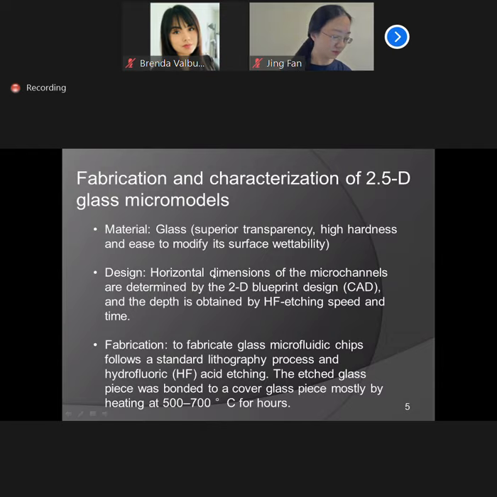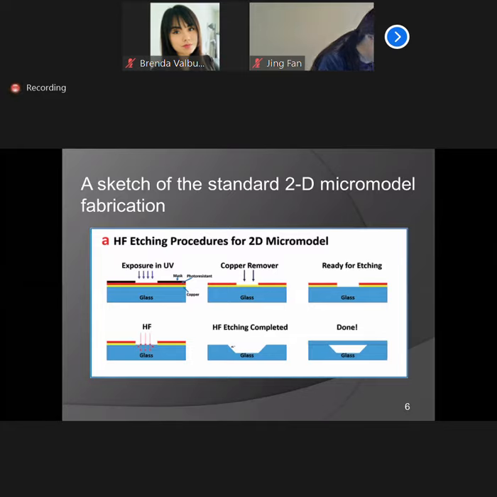For the fabrication, we fabricate the glass microfluidic chip following the standard photolithographic process and hydrofluoric acid etching. The etched glass plate was bonded to a cover glass mostly by heating at 500 to 700 degrees Celsius for hours.